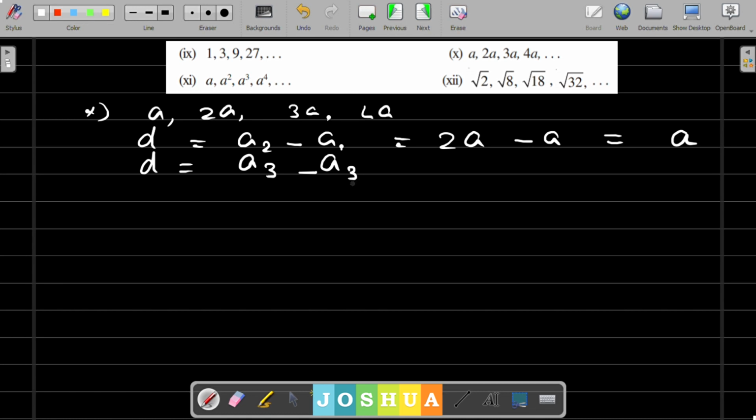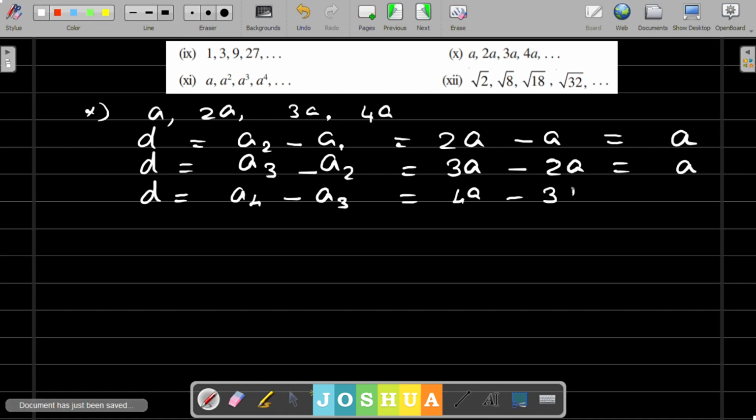A3 minus A2 is 3A minus 2A, equal to A. Again the difference between the fourth term and the third term. A4 minus A3 is 4A minus 3A, so that is equal to A.